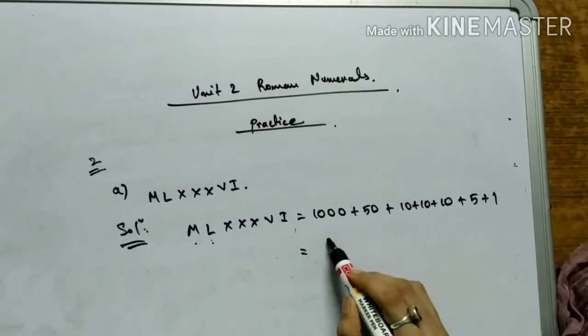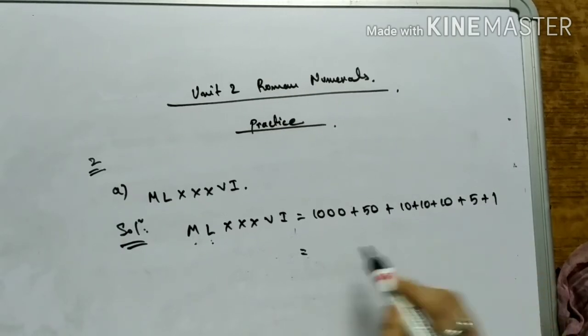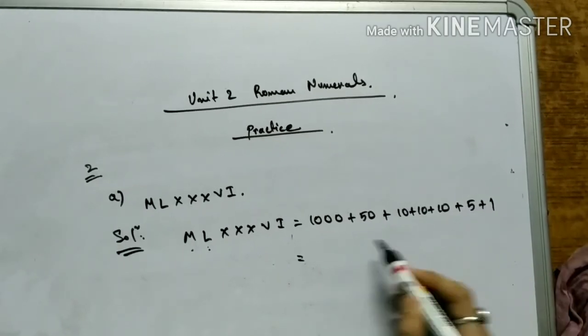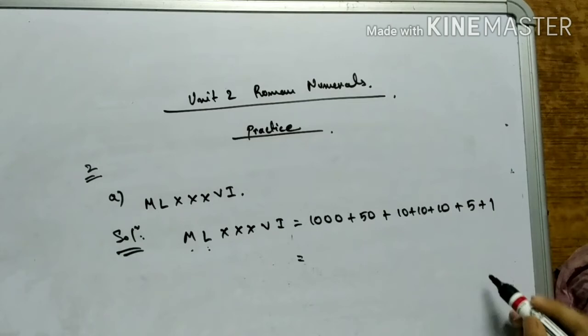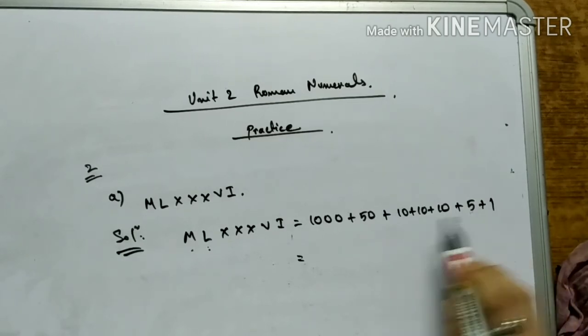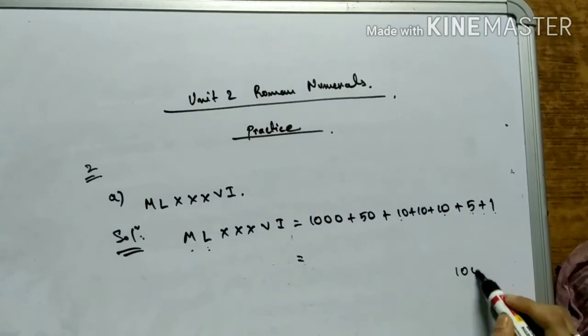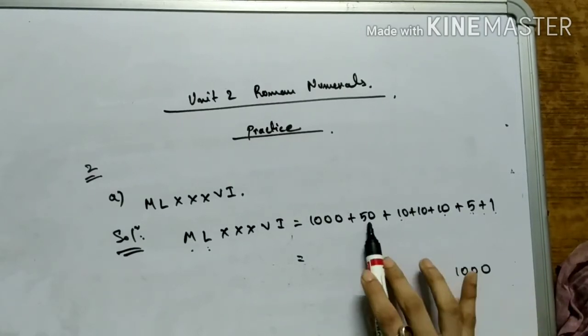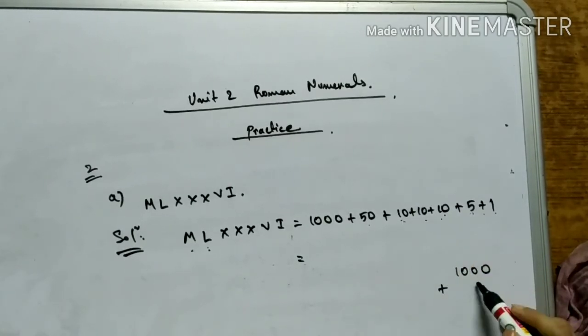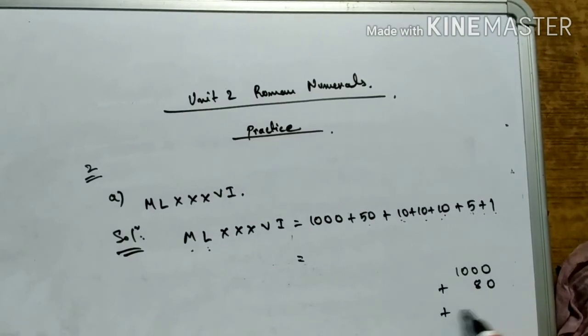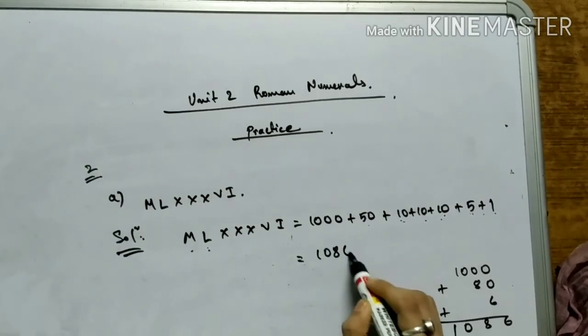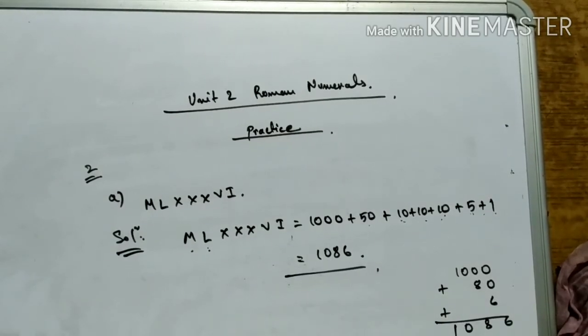If I add all of this, 1000 plus 50, 60, 70, 80, and 6. The answer will be 1086. This is our answer.